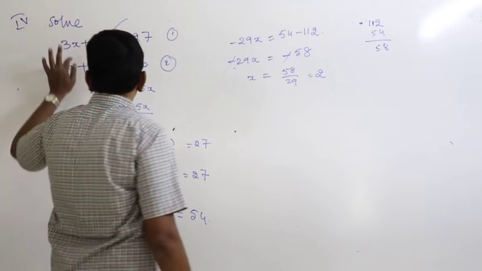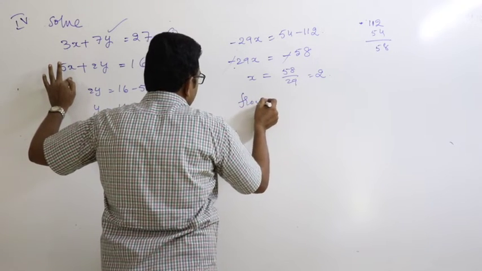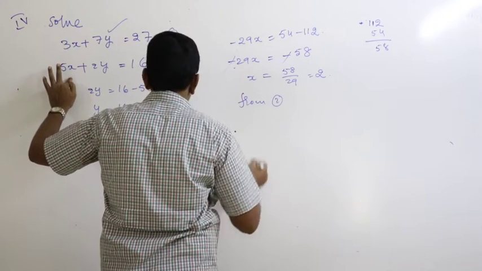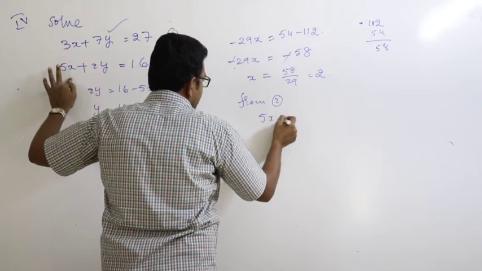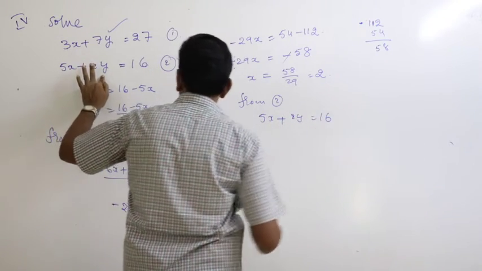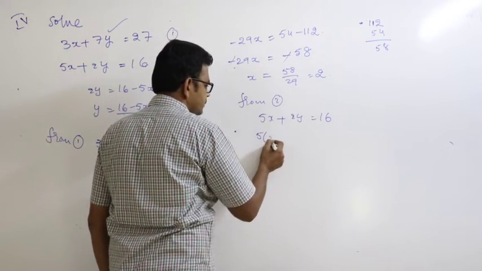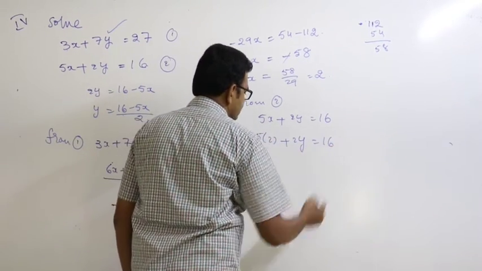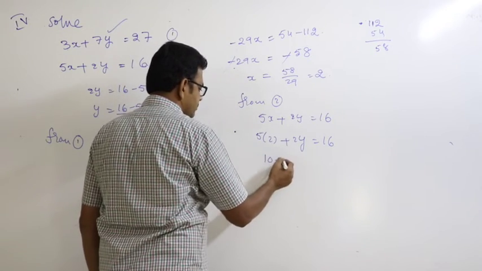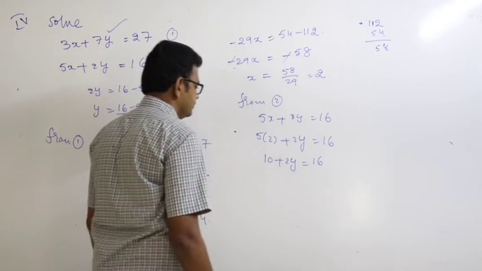So, from the first or second equation, any one, I am taking the second equation. What is the second one? 5x plus 2y is equal to 16. X value is 2, so 5 into 2 plus 2y is equal to 16. 10 plus 2y is equal to 16.